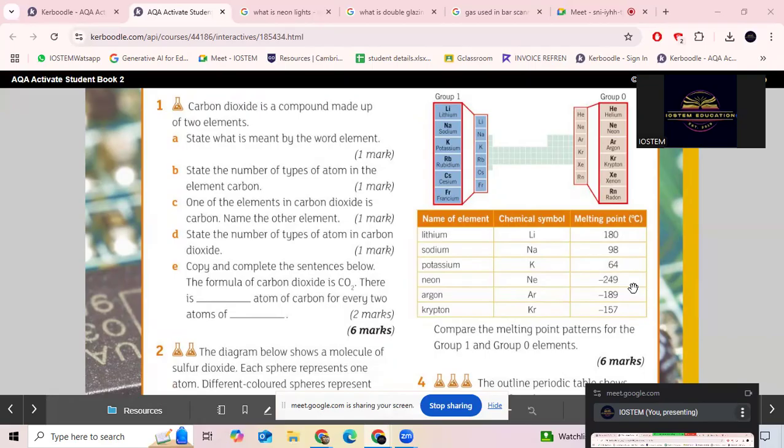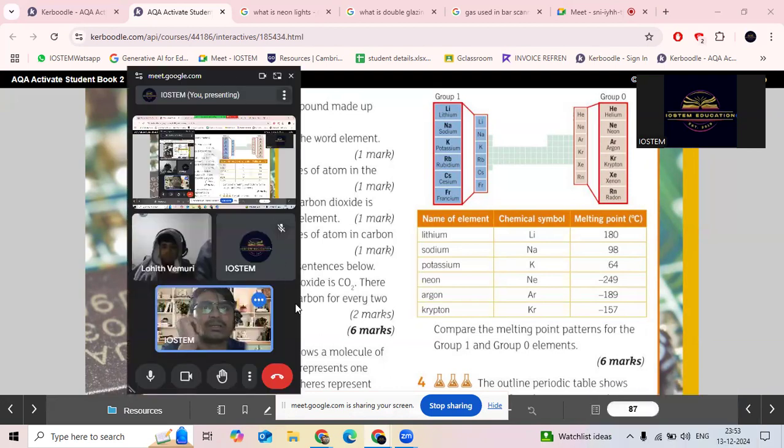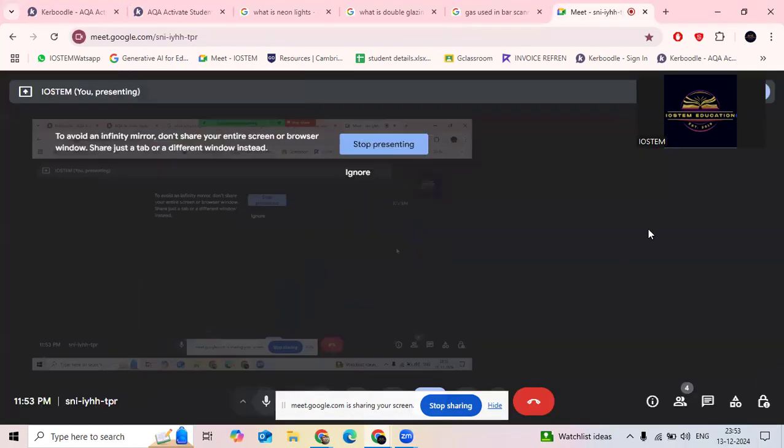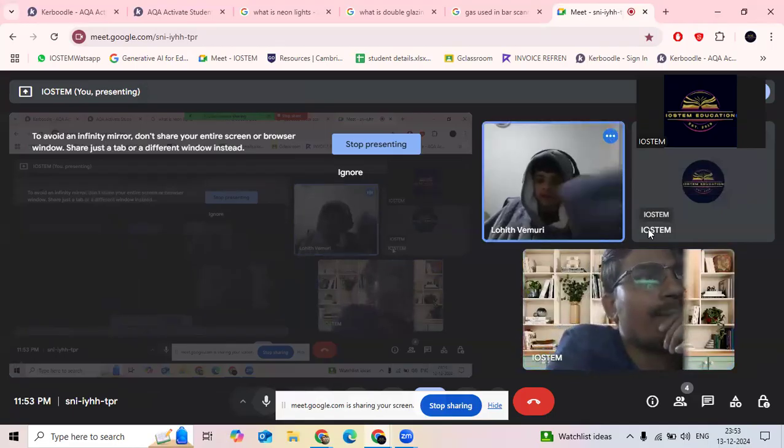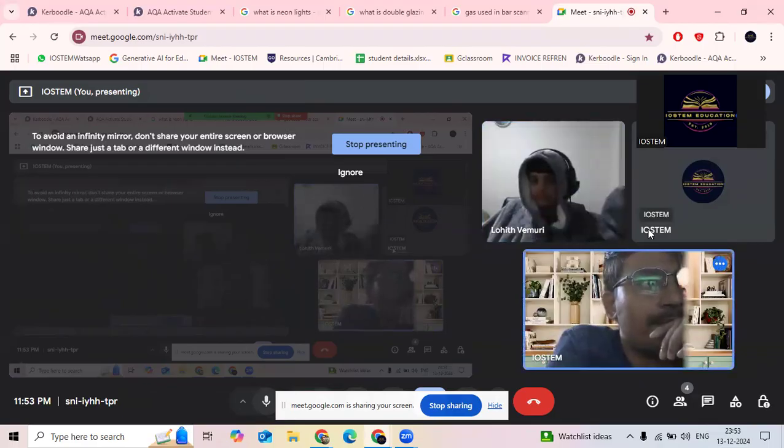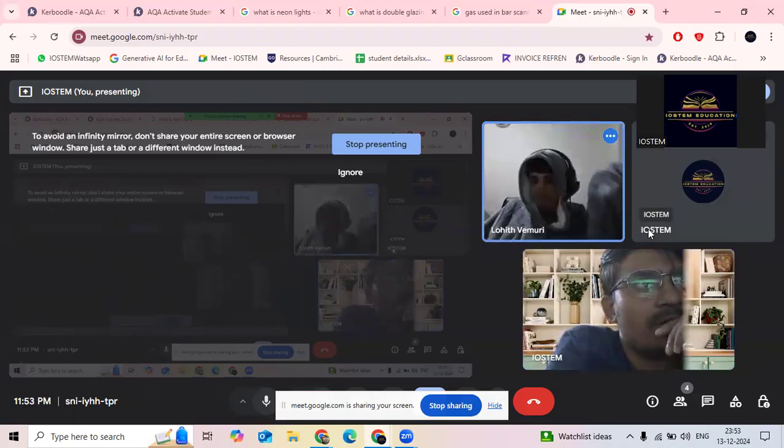But this is a 6 marks question. How will you answer? What will you do to get all the marks? In alkali metals... for noble gases, their melting point is very low. Very good.